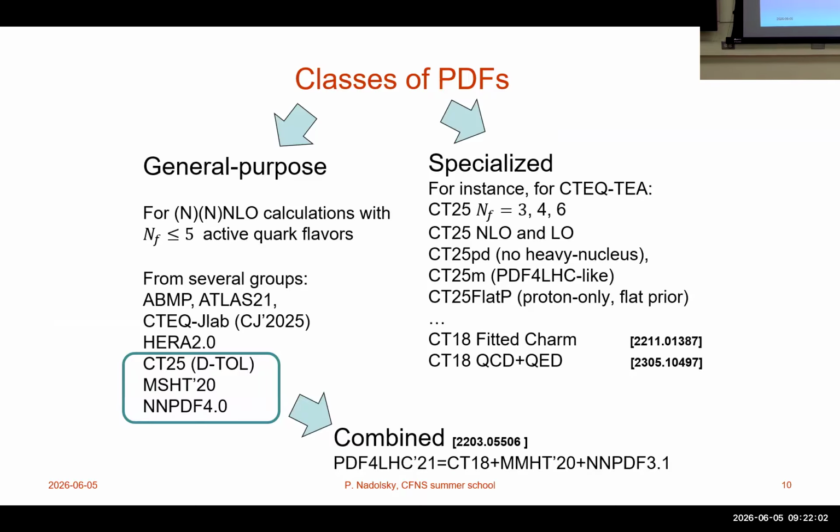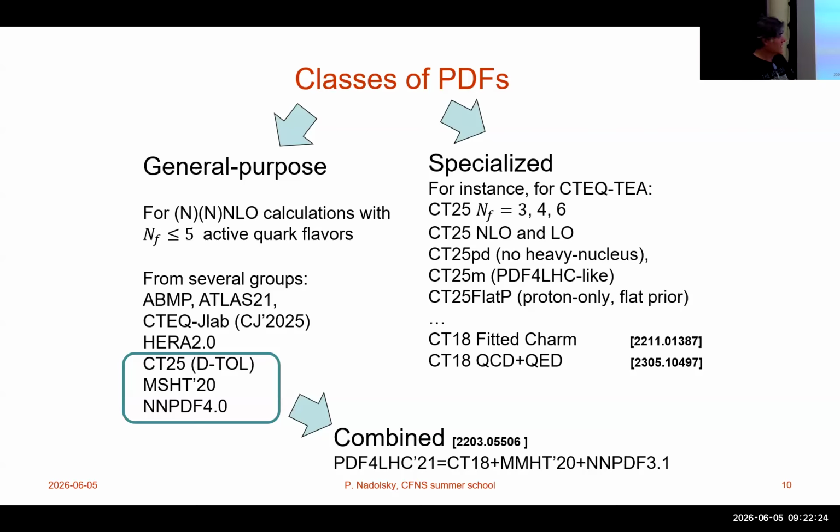It can do many things. Experimentalists will use it for all kinds of simulations. And so these general purpose PDFs are the most difficult to produce because they have to perform reasonably well in all sorts of situations. And so the CT25 analysis, the default one, falls into this category of the general purpose PDF.